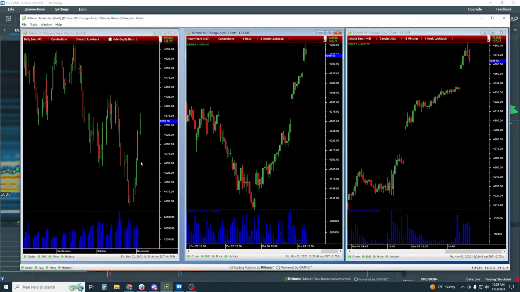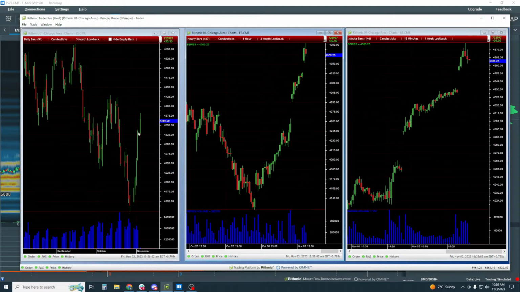Now, what we want to look at in here is to start to consider, on your daily chart, ATR or ADR, average daily ranges of these candles. Because if this is such a bullish move in here, where is this going to stop? Where is it going to run out of steam?